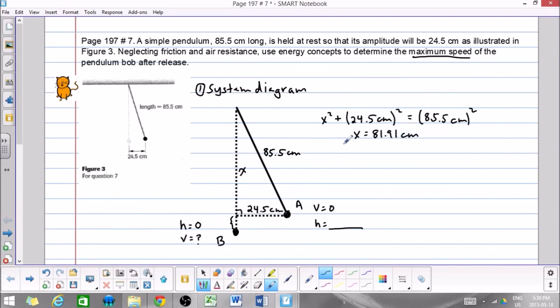Then our height at position A is 85.5 centimeters minus 81.91 centimeters, 3.59 centimeters. Now I want to stop here to make a point about significant digits. All the quantities in the problem were given with 3, and so you'd expect in the end that you should have 3 significant digits.